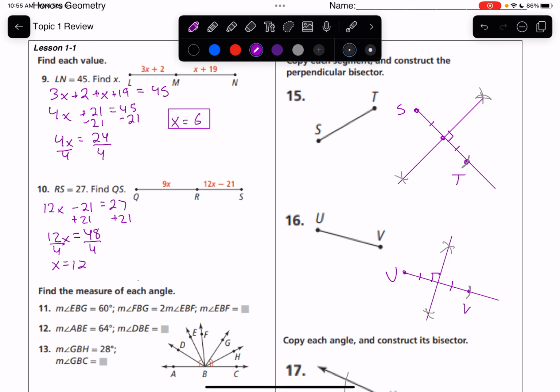And then to find QS, that means we're going to do 9x plus 12x minus 21. So that's going to be 9 plus 12 is 21 times 12 minus 21, or that's 21 times 11, which is going to be 231, I think. Let me check. 21 times 11. It's going to be 231.